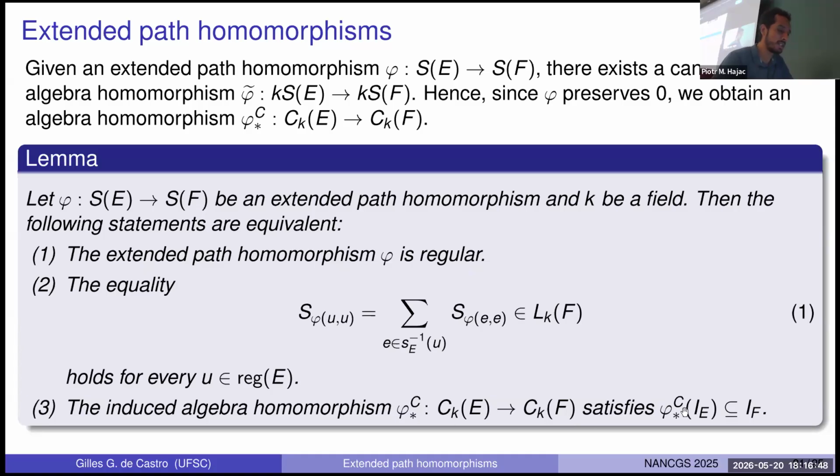This statement that the ideal is contained in the ideal is really easy to see that it preserves composition, because if you, let's say, apply to some psi star, we're going to have a psi star of phi f containing the ideal of the third graph. So this third one is very easy to show that it's preserving the composition. Regularity is not easy at all, but once you have this equivalence, then we can see that the composition is regular.